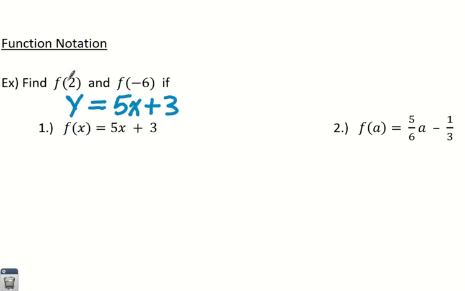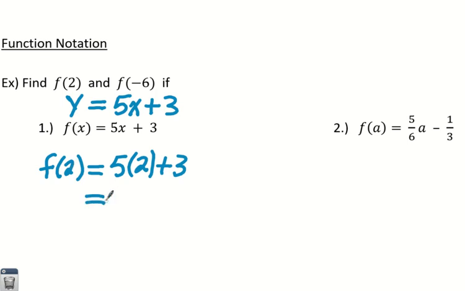And so what this says is f of 2. Here's how we find f of 2. You'll never guess. You just plug in 2. Oh wait, you probably could totally guess that. So f of x is 5x plus 3. f of 2 is 5 times 2 plus 3, which is 10 plus 3, which is 13.